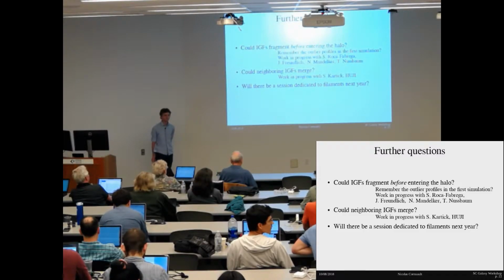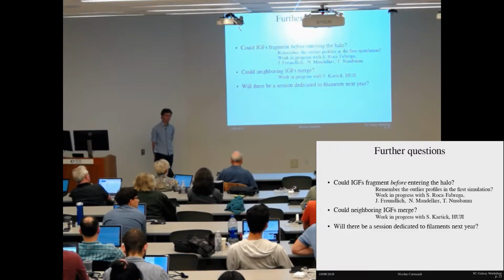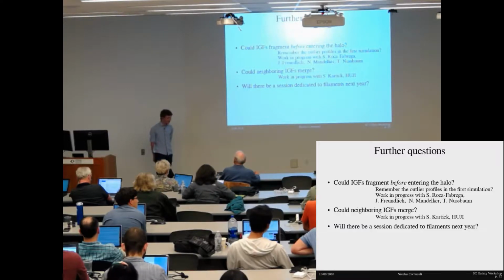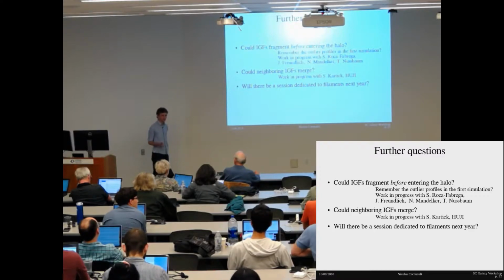Really cool work. Did you do any kind of convergence study to see how the properties of the filament changed as you increased resolution on it? Yeah, in a way, yeah. Using several simulations, but with very different resolutions.